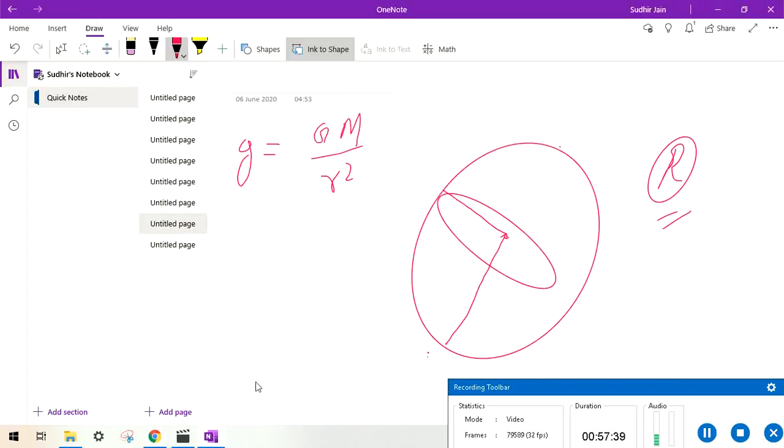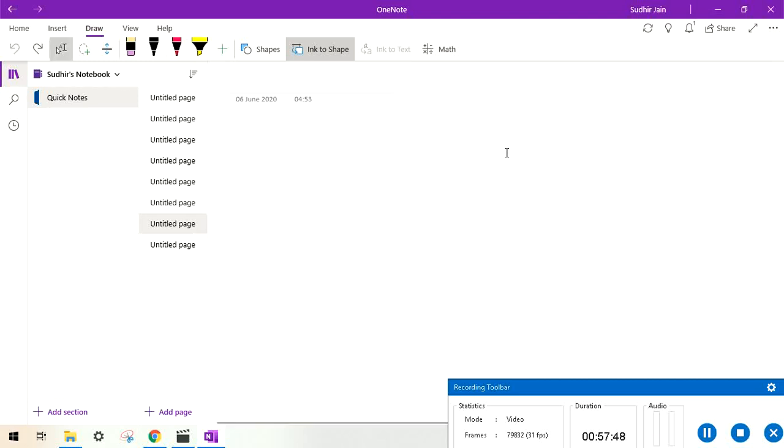Okay, my diagram is actually a little wrong. Let me explain why. Probably the shape of earth would be a little like... no, it is a perfect circle. Let me try again.